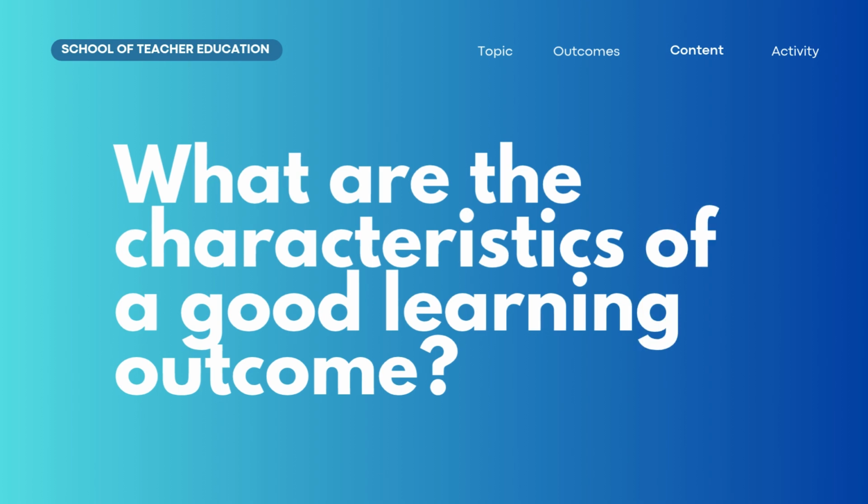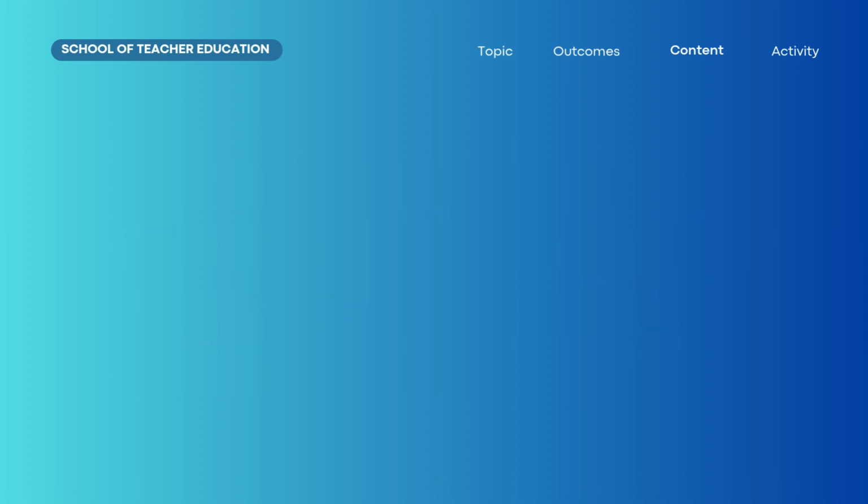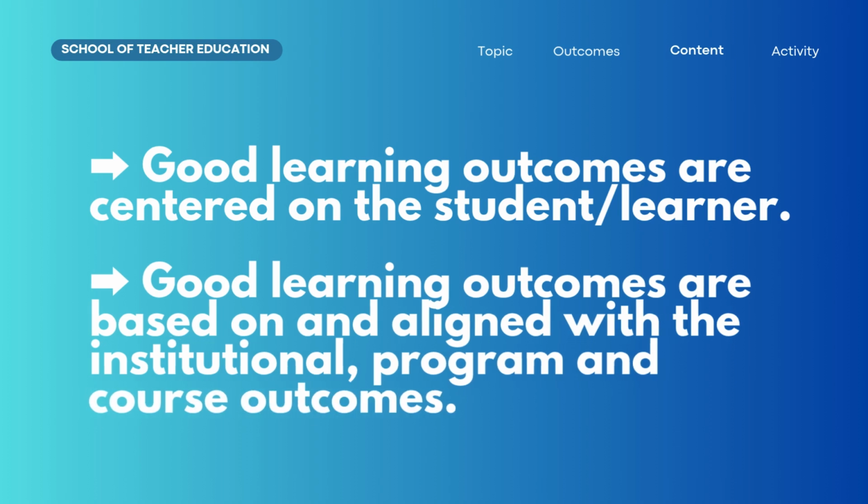The next question that we need to answer in this session is, what are the characteristics of a good learning outcome? First, it should be centered on the student, a learner-centered outcome.